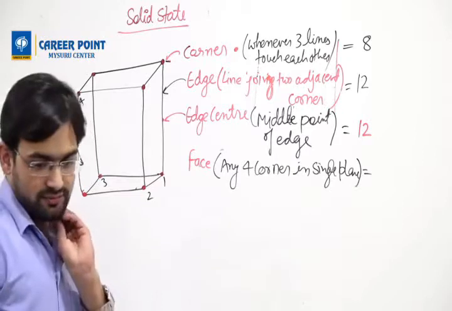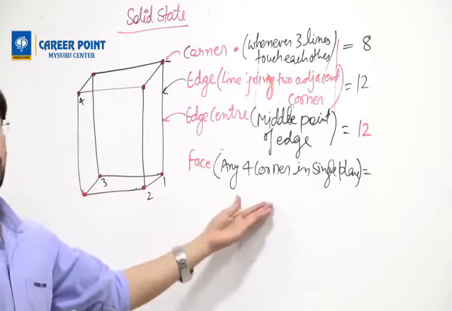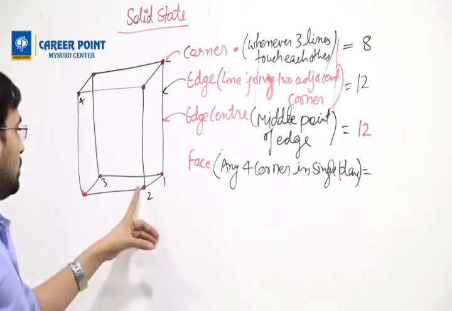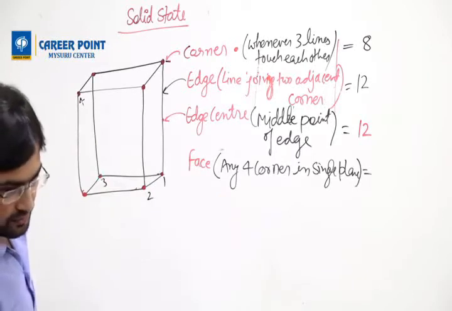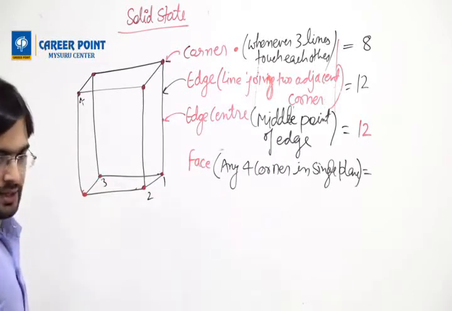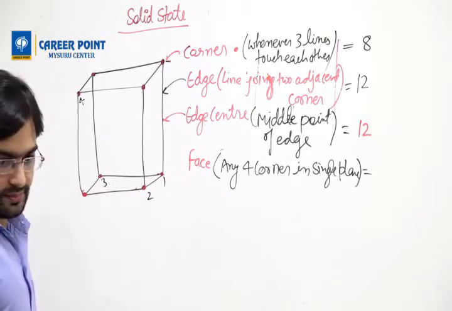Write in the chat box. I'm taking any 4 corners, right? 1, 2, 3, 4. Can this create a face or not?